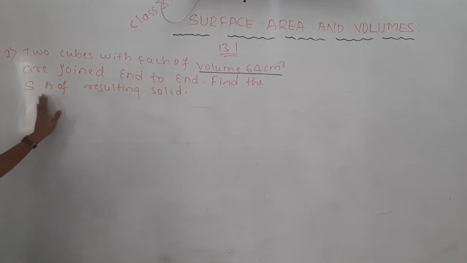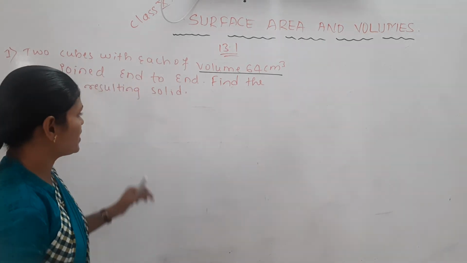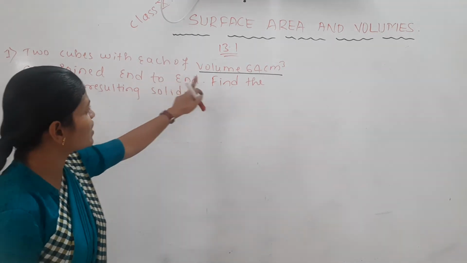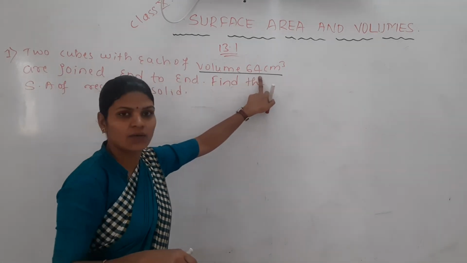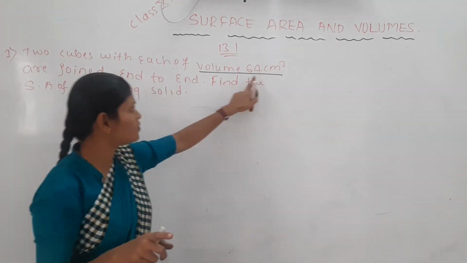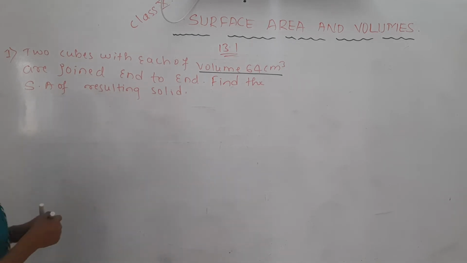Find the surface area of the resulting solid. Before, we solved a question where the side of the cube was given, but here the volume of the cube is given. With the help of the volume of the cube, we will find the side of the cube, then we can find the surface area of the resulting solid shape.